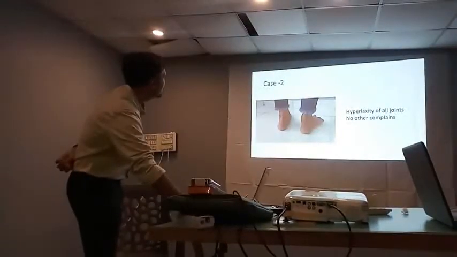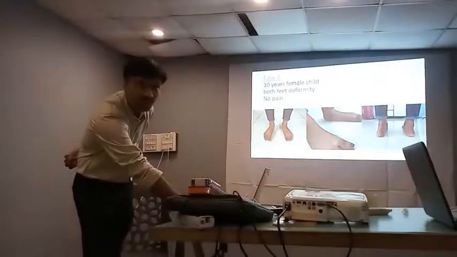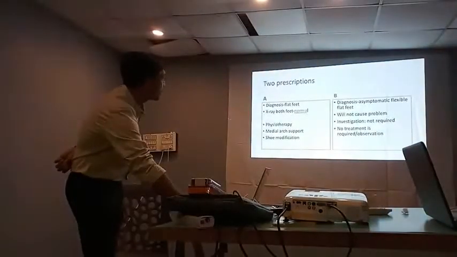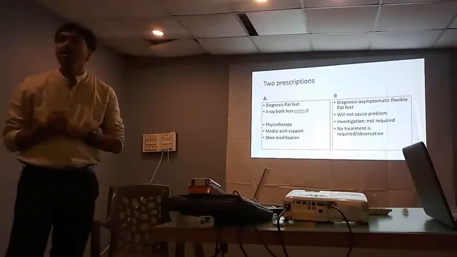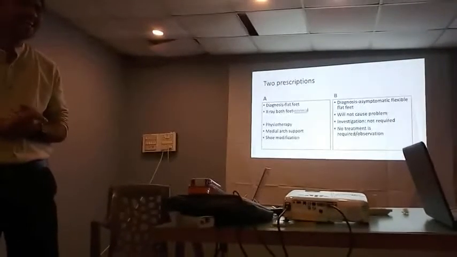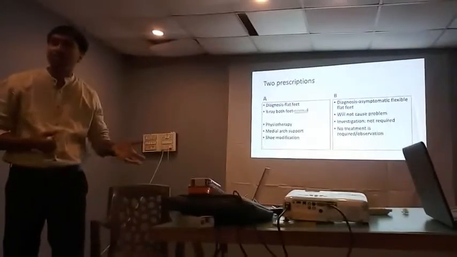So this is case 2: 10-year female child, very bad deformity of foot, no pain, hyperlaxity of joints, and this is prescription B. If you tell B, then I will ask why. This is a very important debate because Kaushal is ready to fight with me for A also.